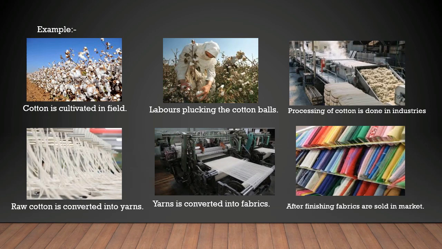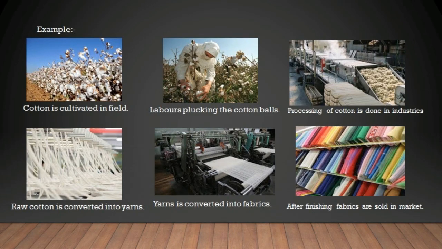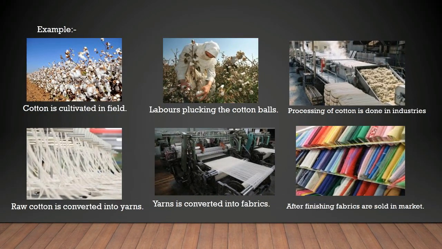Yarn again is a raw material which is used to make fabrics, and finally these fabrics are ready and they are sold in the market. So in this you can see all the four factors, that is land and natural resources, labor, your fixed capital like machines, and your working capital like raw material, involved in producing the final good, that is your fabric.